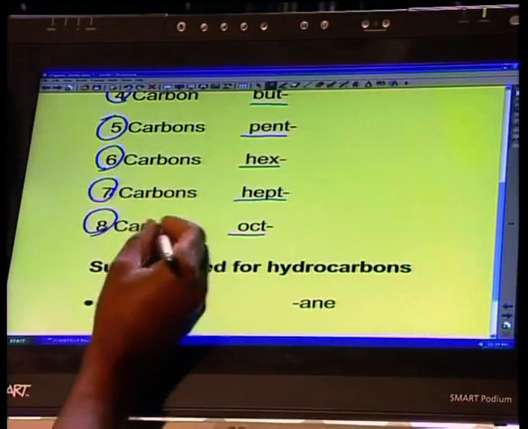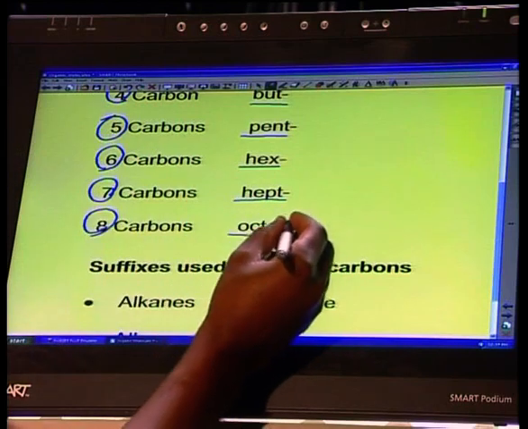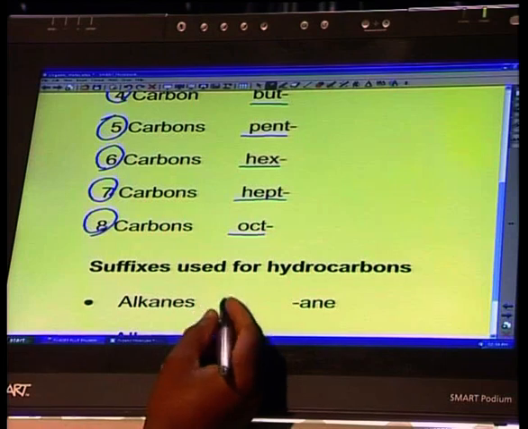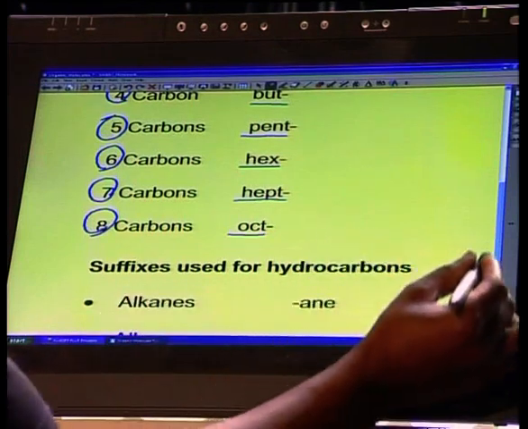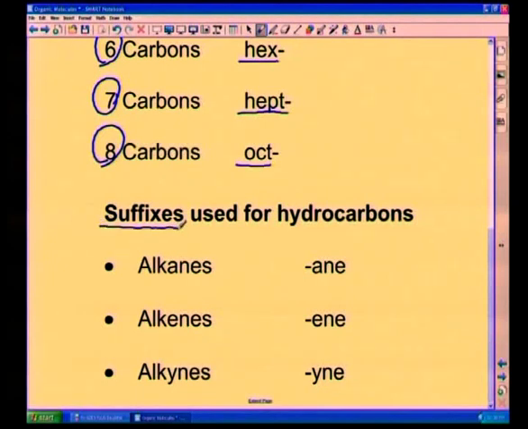But if you have nine, you know that we'll have non. If we have ten, we would have dec. All right? So things like that. In that way, we will be naming them. With regard to the suffixes, we're saying this is the end part of a term. Okay, the end.